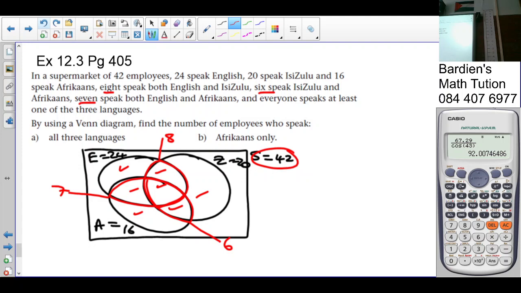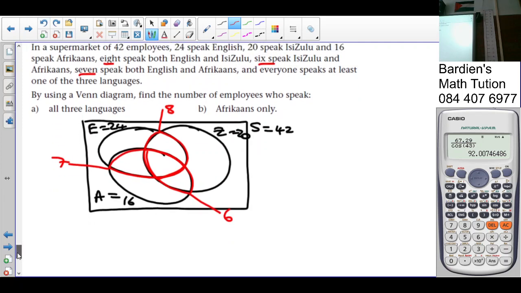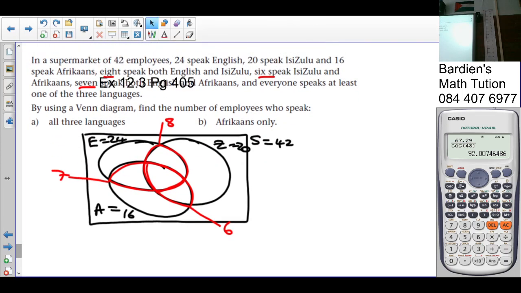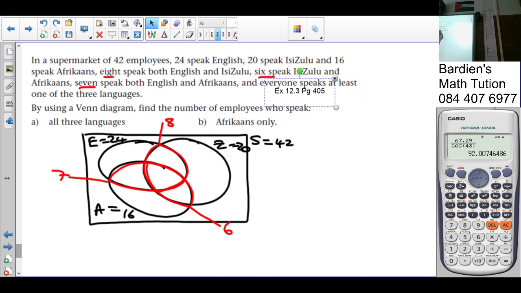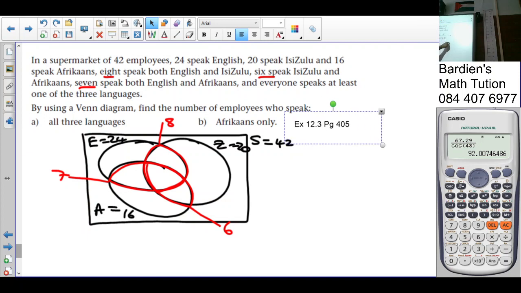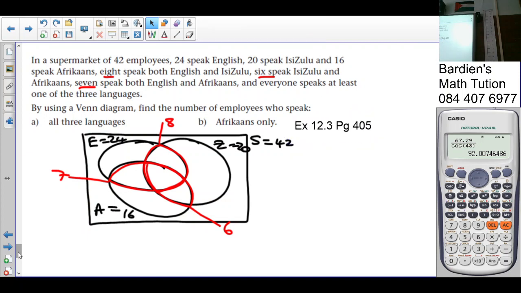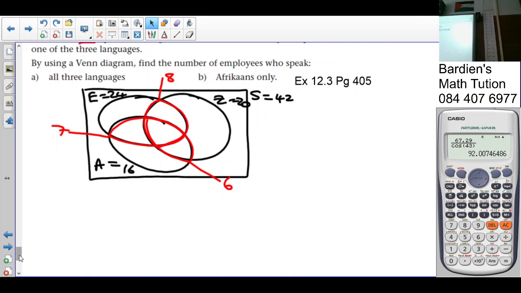So where do we go from here? Where do we go from here? Okay, we introduce the X. How can that help us here? We introduced an X now. Okay? So where do you think we're going to put the X? In the middle. Okay?